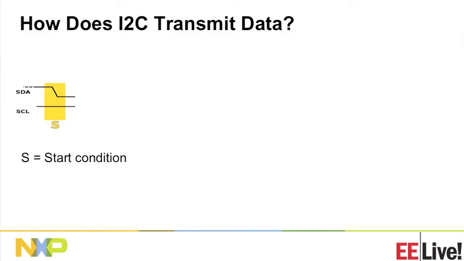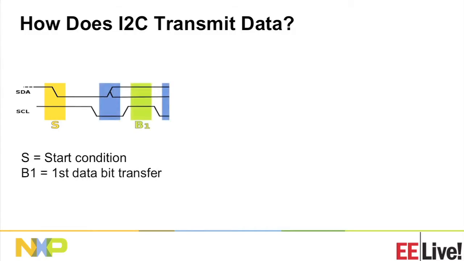When data falls while clock is high, we have a unique condition that cannot happen any other time during the message, and we call that the start condition. Once we have a start condition, we can now put data onto the data line, and we can clock that data. The clock signal, SCL, originates in the master.